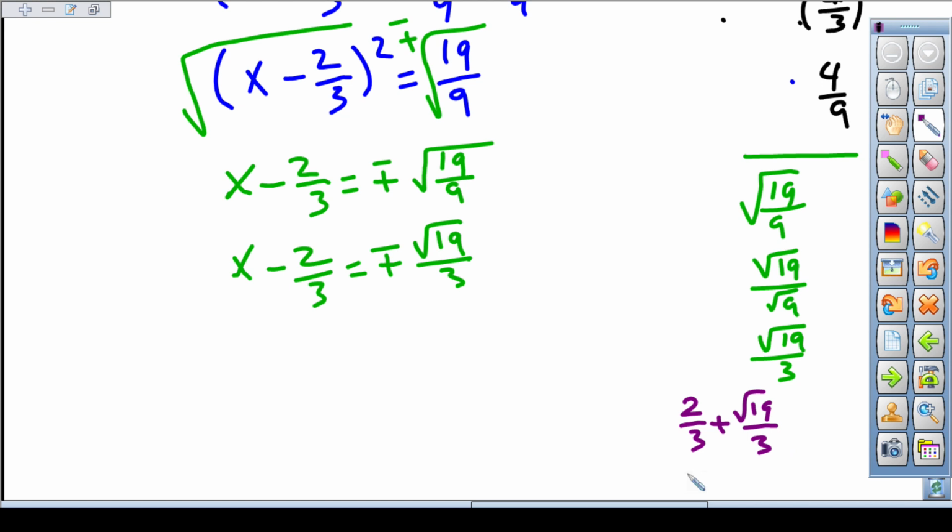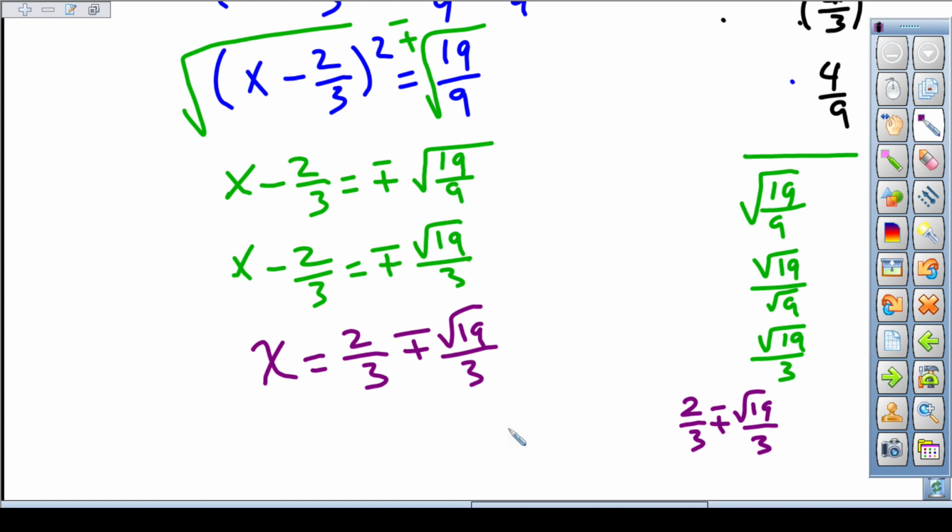This is going to give me that, or plus or minus, by the way. I would just leave it the way it is. It's x equals 2/3 plus or minus square root of 19 over 3.